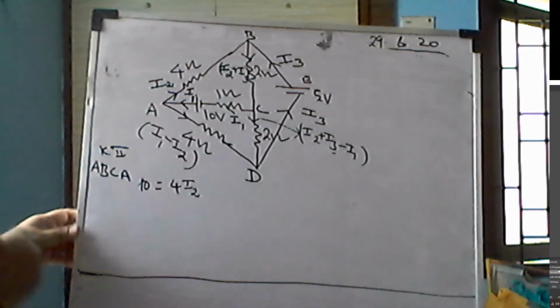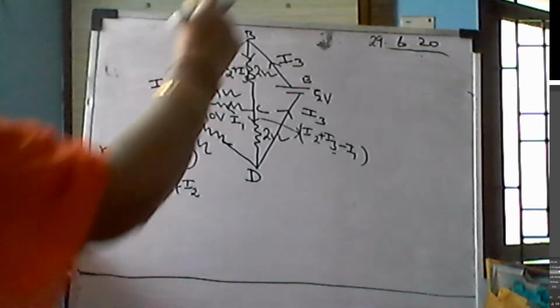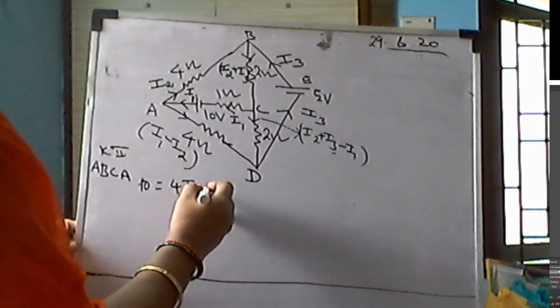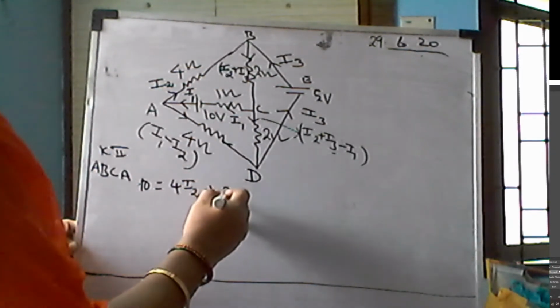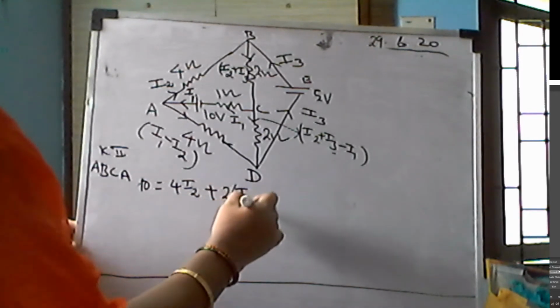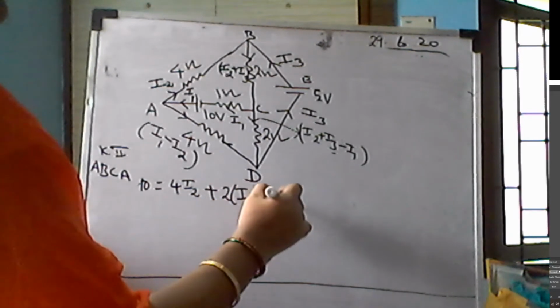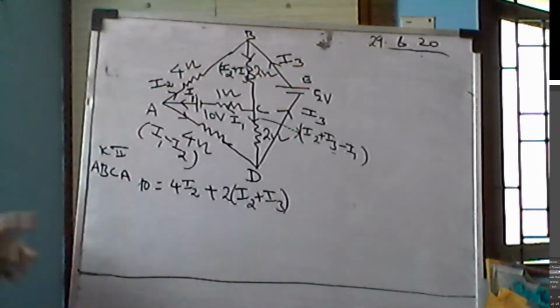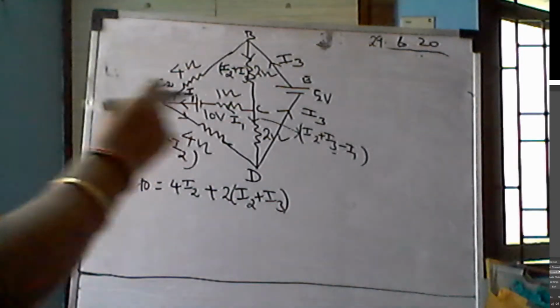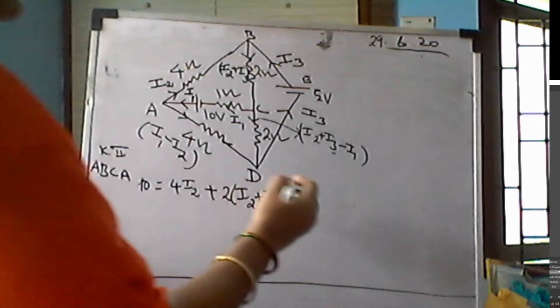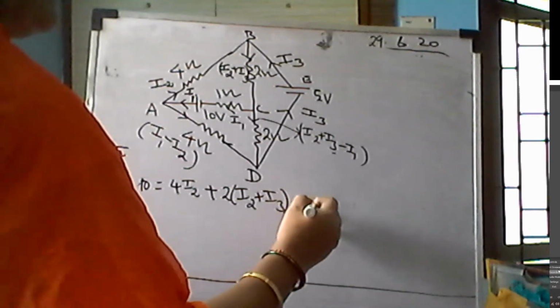4I2, and then again plus 2 into I2 plus I3, and again along the same path, plus I1.